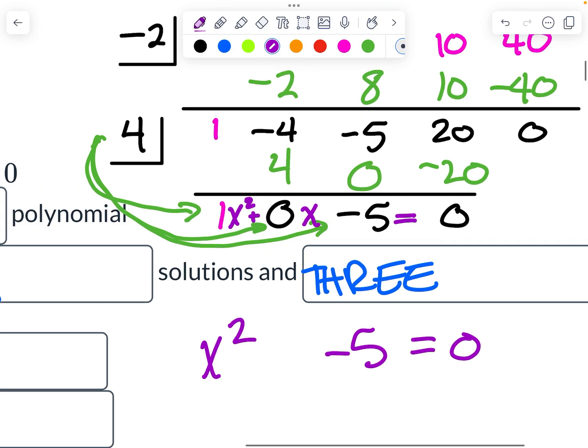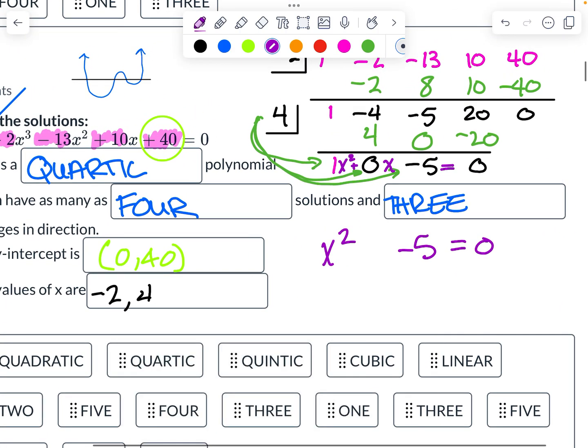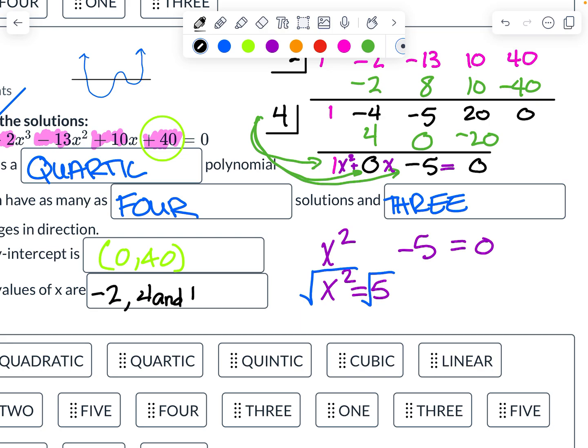So if that's what I'm left with, here's my equation, and I'm going to solve it. So x squared is going to equal 5. Then I'm going to take the square root, and I'm going to have plus and minus the square root of 5. And there are my 4 answers.